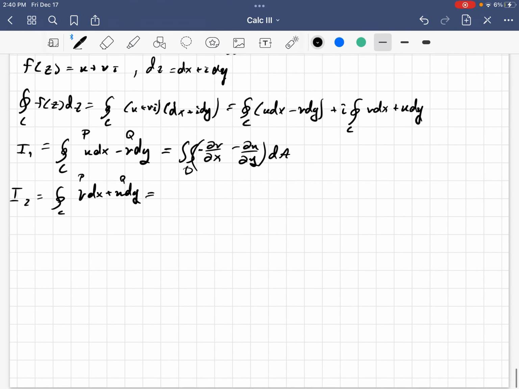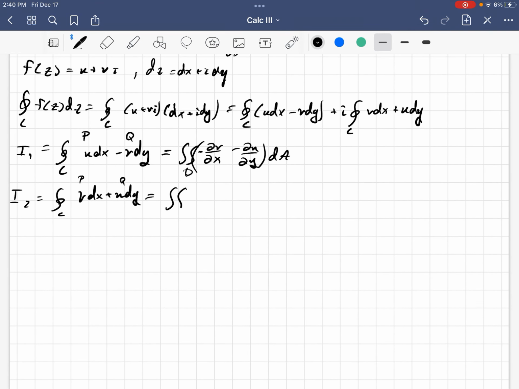And then for the second integral, we get the double integral over D of the partial of u with respect to x minus the partial of v with respect to y, dA.